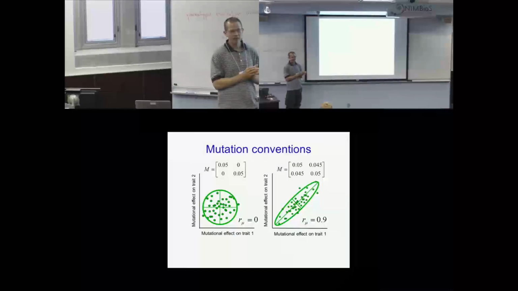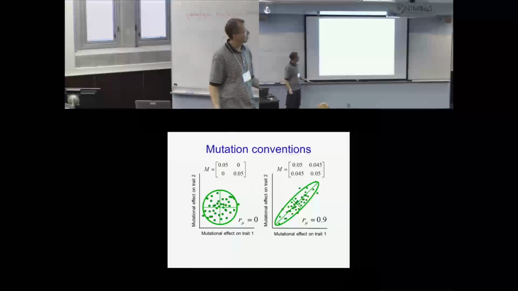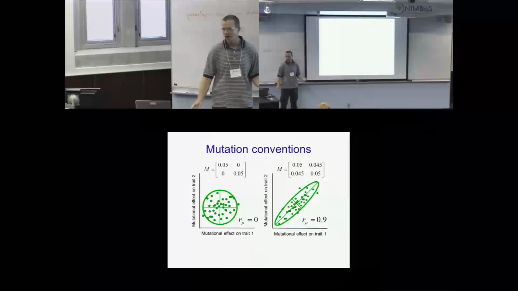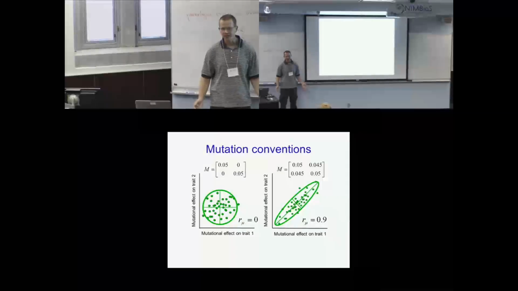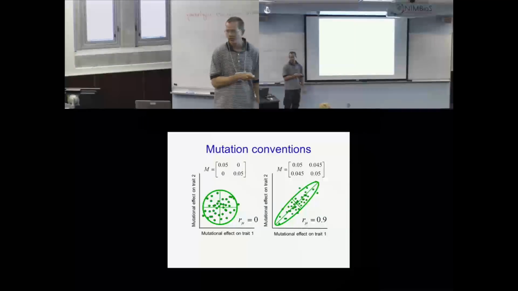So this could happen if you have, for example, two traits that share the same developmental pathway. In a really obvious example, if you're talking about a symmetric organism and you're talking about right arm length versus left arm length, a mutation that increases my right arm is almost always going to increase my left arm, right? Because they're determined by the same developmental genes for the most part. So those might have a very strong mutational correlation, right?